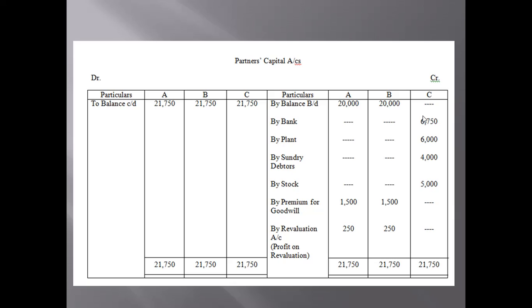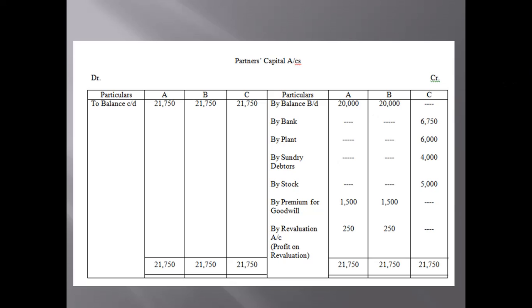Then write these items: plant, sundry debtors, and stock. You can refer to the question for the same, that C was to introduce plant, debtors, and stock. The amounts are given, isn't it? 6,000, 4,000, 5,000. Write the amounts, okay? After writing this, we will move on to the premium for goodwill adjustment, which I just explained.